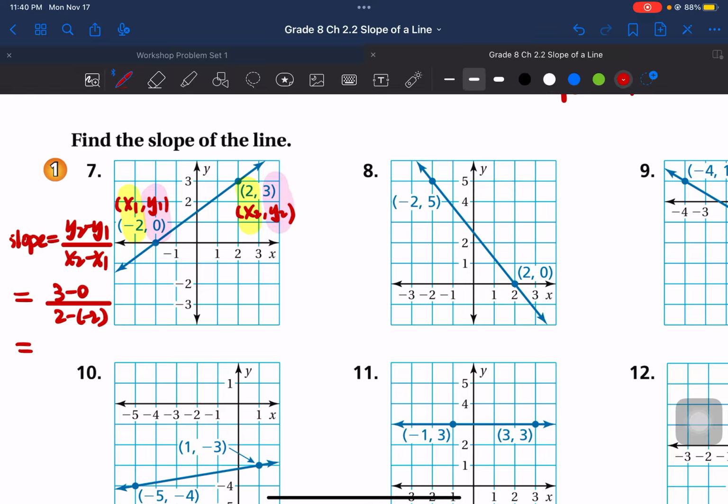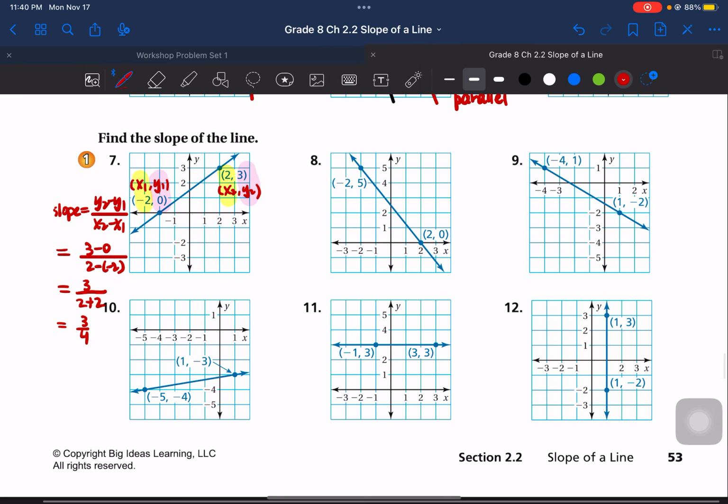When you're using negative numbers, make sure you put parentheses around negative numbers. So 3 minus 0 is still 3. 2 minus negative 2, if you have two negatives next to each other, you can substitute those with a plus, so it becomes 2 plus 2. So it's 3 over 4. That is our slope.